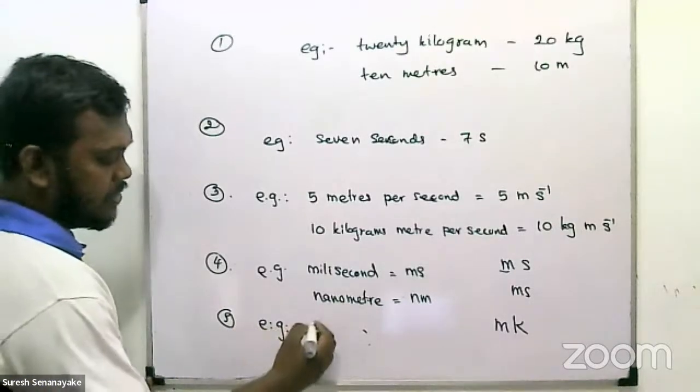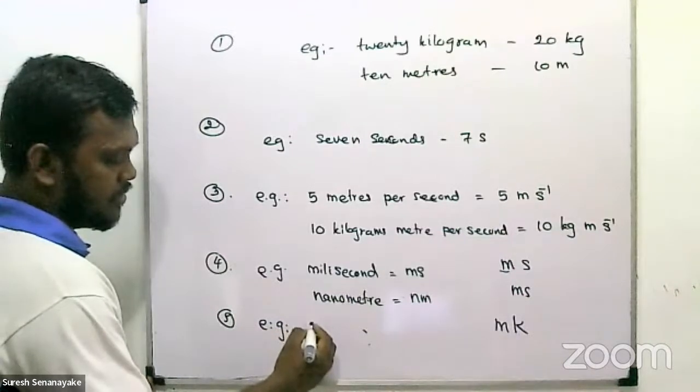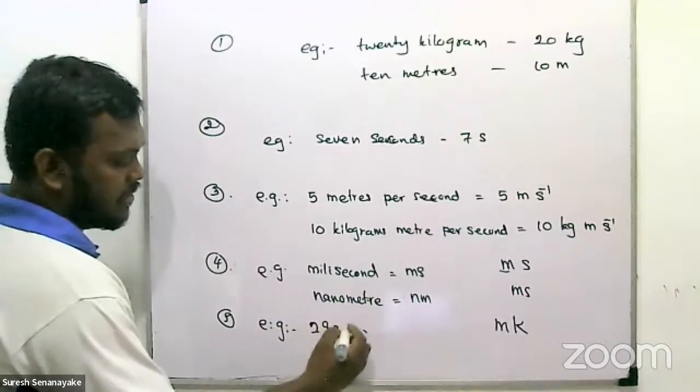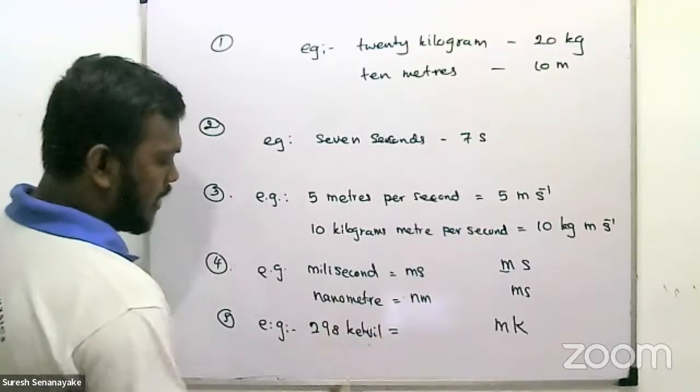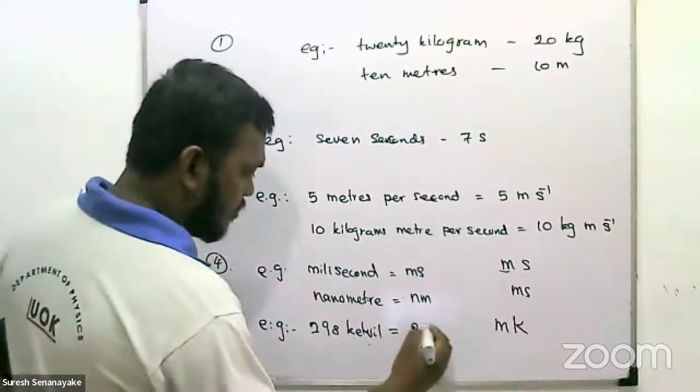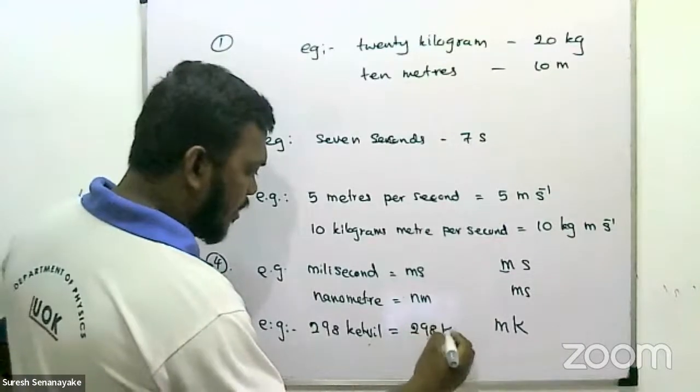Example: 298 Kelvin. We can write it as 298 capital K.